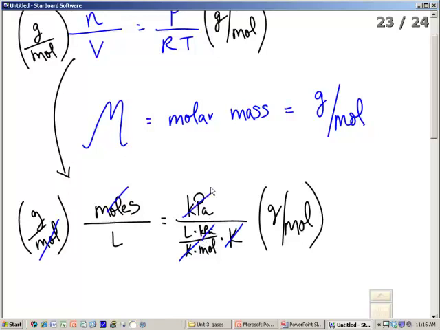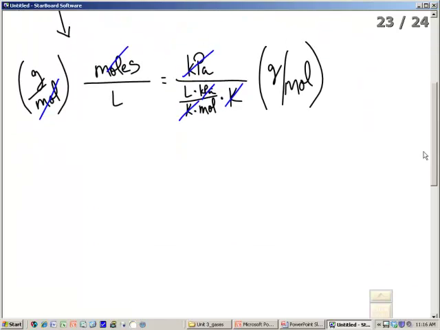Let's try to be organized about how we do this. I'm going to rewrite what happens. This will be grams over liters on the left. On the right, technically this gram is on the numerator. Then you've got liters times mole. And then look, that mole is still on the denominator.